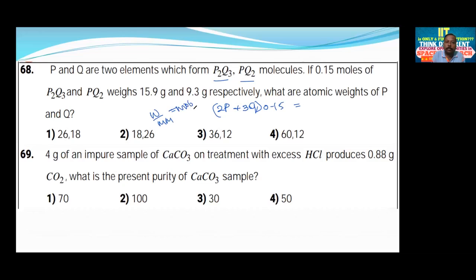So mass is equal to moles into molecular mass. These are the moles and this is the molecular mass. So how much will we get? 15.9 it is given. But here P plus 2Q into 0.15 is equal to how much? 9.3. Two equations are there, and on simplifying you will get the P and Q atomic weights. A simple equation, but let us solve it, and the answer you will get is 26 and 18.